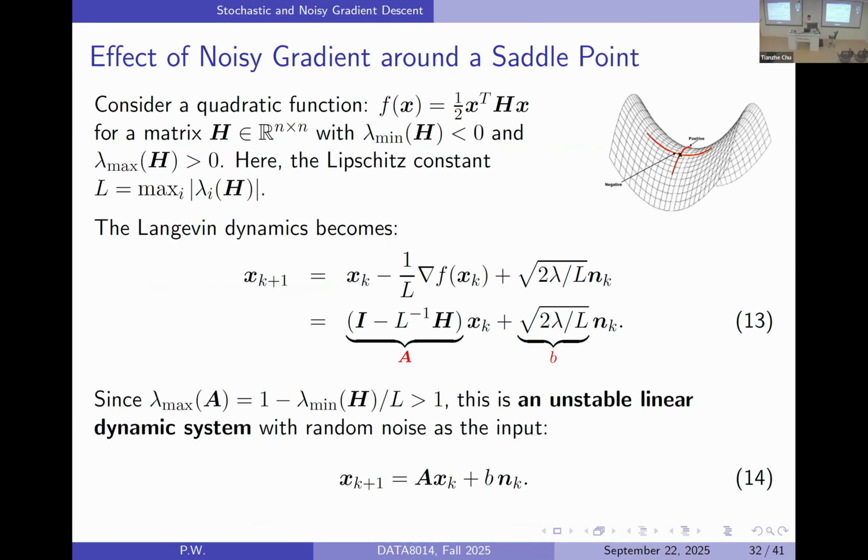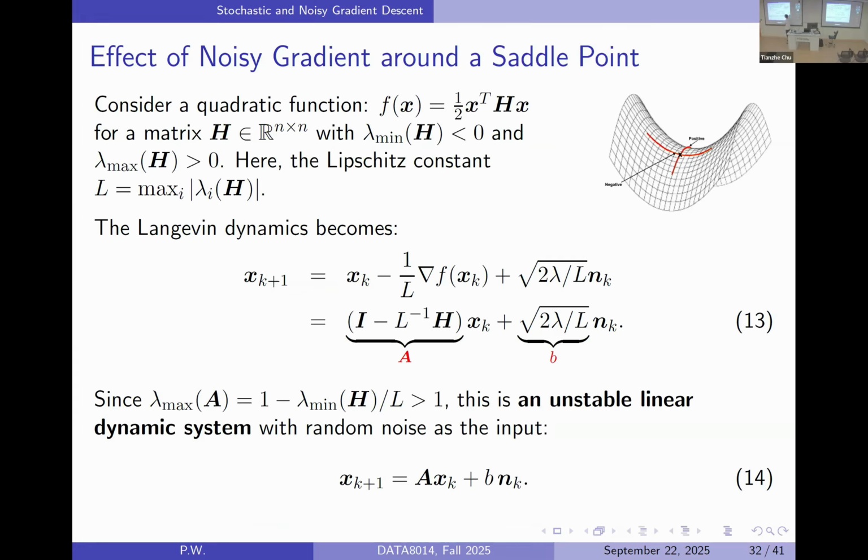A very interesting result, I think, is the effect of noisy gradient descent around a saddle point. We will consider a very simple quadratic function f(x) = x transpose H x, where H is an n by n square matrix. Here we assume the minimum eigenvalue is negative and the largest eigenvalue is positive.